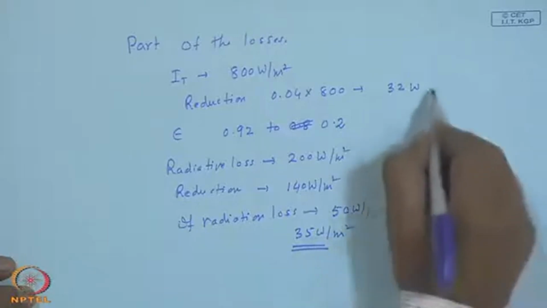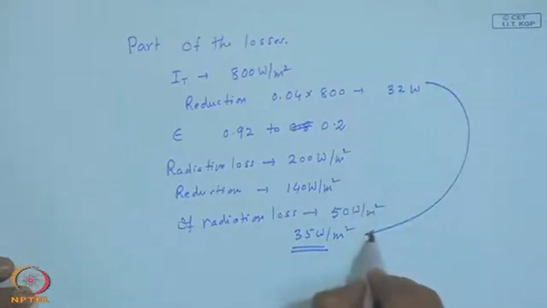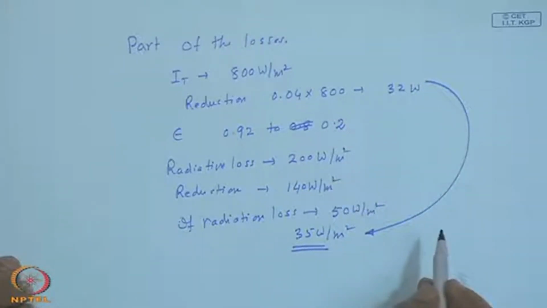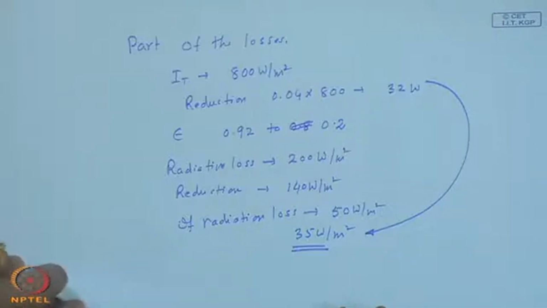So, this is comparable to this. So, if you are having a radiation component of about 50 watts in a total of 800, a reduction of epsilon from 0.92 to 0.2 is just about the reduction that may be because of 0.92 to 0.88 for the absorptivity.